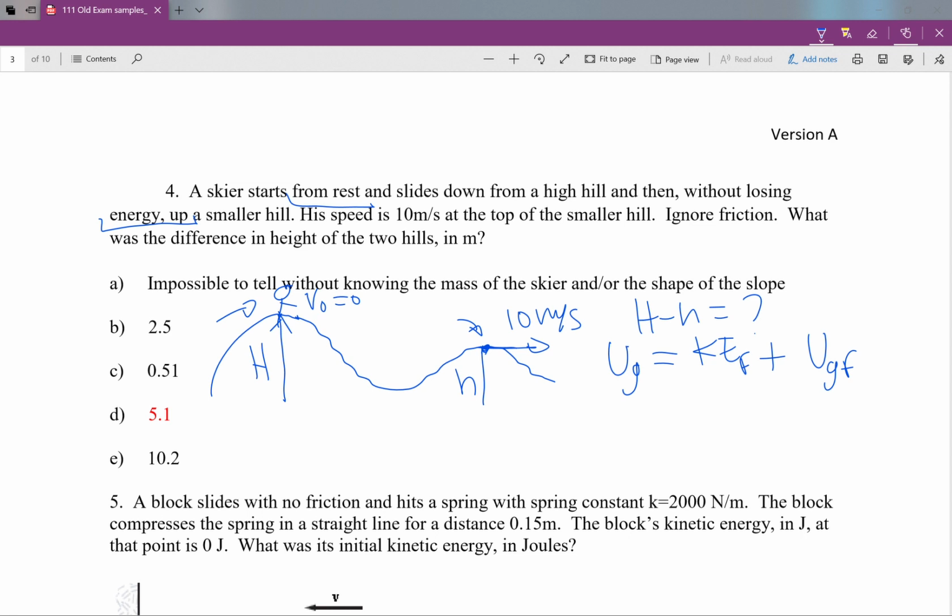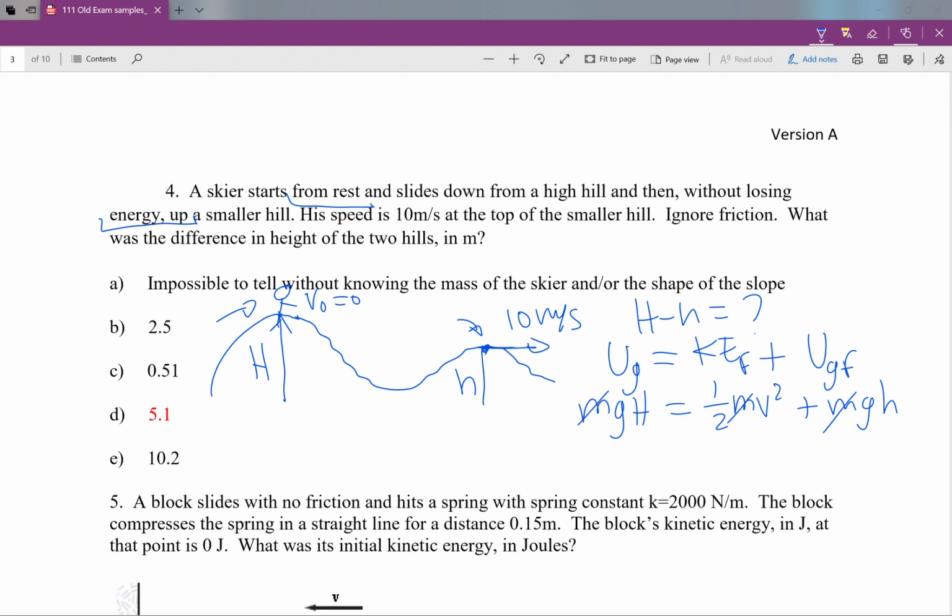All right. Now we can substitute these values. The initial energy is mg times big H. The kinetic energy is 1/2 mass times velocity squared. And the final potential energy is mg little h. Look at that, all the masses cancel out. We divide by mass on all sides.